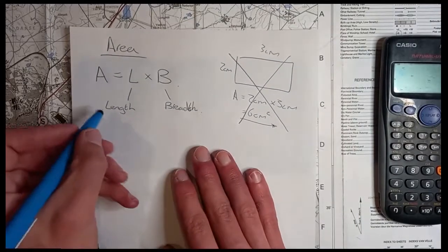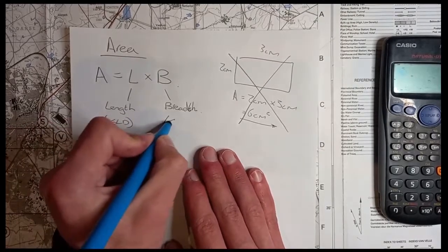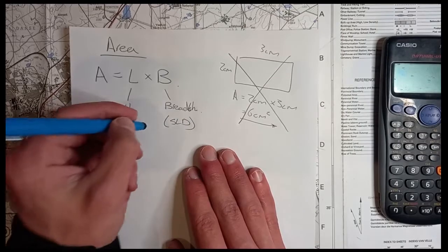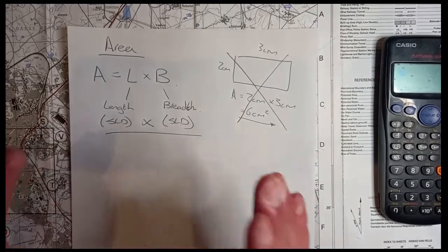But now, I want to find the length SLD and find the breadth SLD, and then I'm going to times those two together. That is how it works.